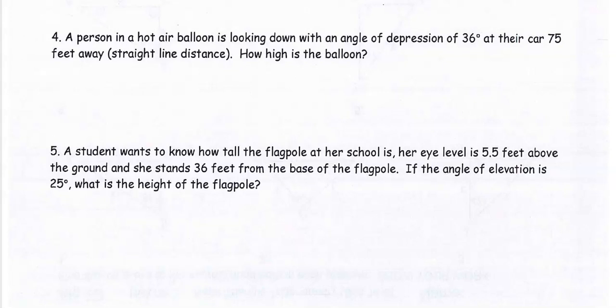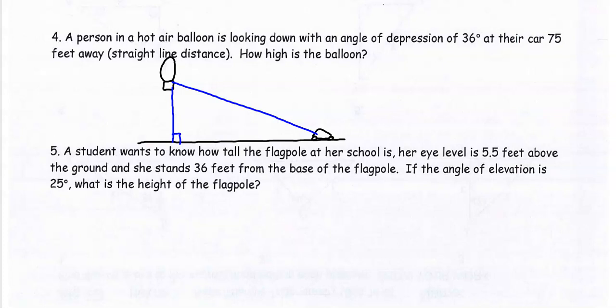So depending on how you set it up, kind of put the car over here, and we'll put our balloon up here, and we're looking down at the car. We got a 90 here. Angle of depression is 36, so just be careful where you put that. That's really right there. So I'm going to transfer it down here.